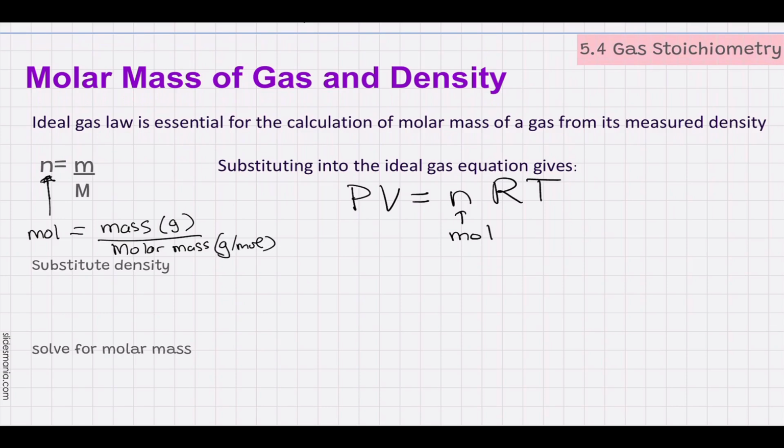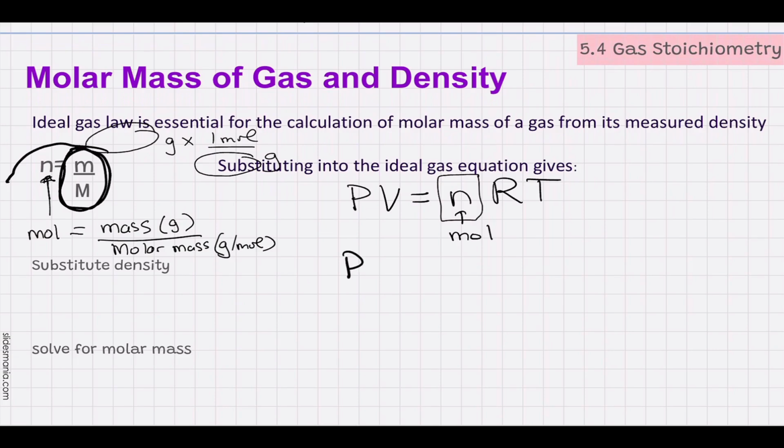The way we do it usually is we take our grams and we multiply by 1 mole over that molar mass, but really we're just taking our mass divided by the molar mass. So I can substitute this in place of the n for the moles. So I can say PV equals mass of the sample times R times T over molar mass. That's one way I can use the equation, and I will.